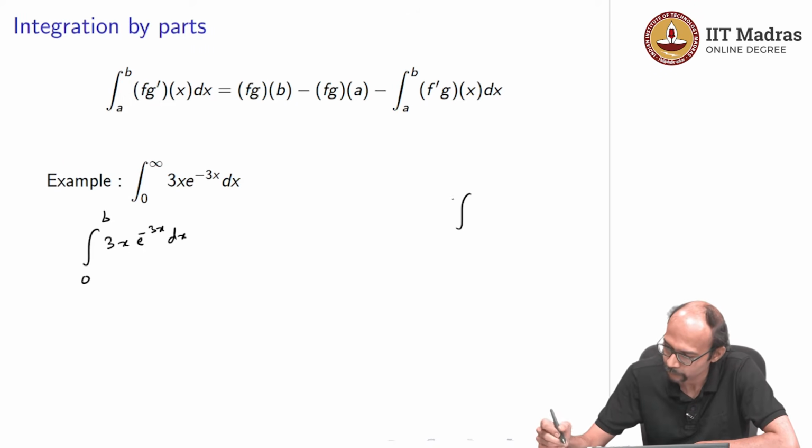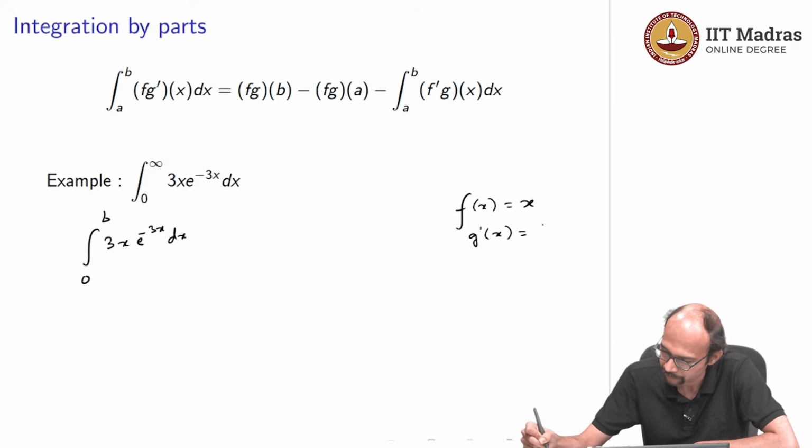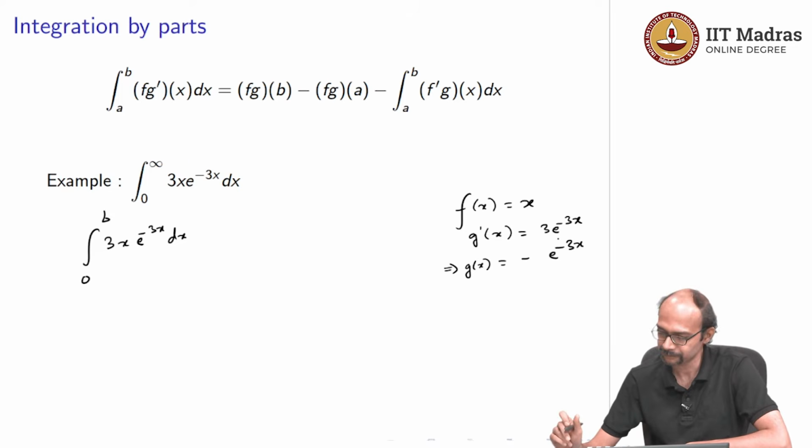If I choose f of x to be x, and I choose g prime of x to be 3 times e to the power minus 3x, then what is g of x? This is minus e to the power minus 3x. If you differentiate g, you get minus of minus 3 times e to the power minus 3x, which gives us 3 times e to the power minus 3x.